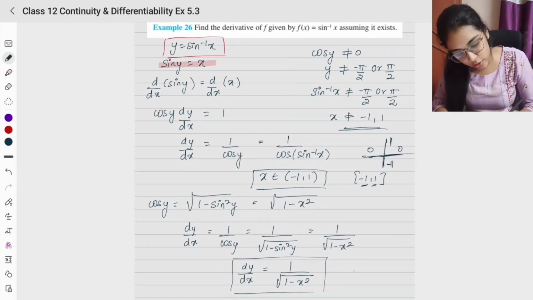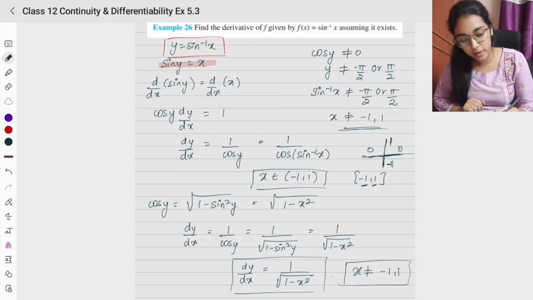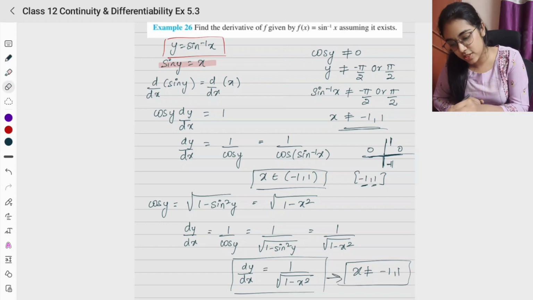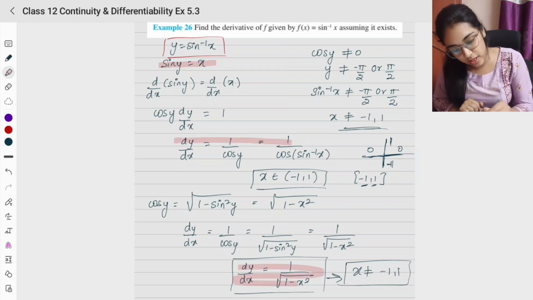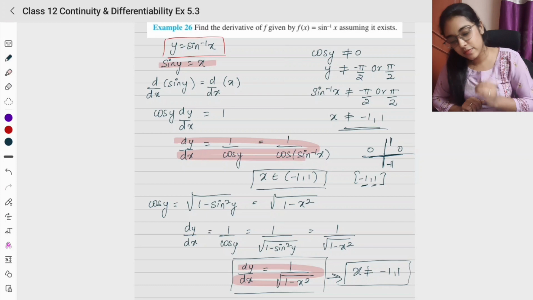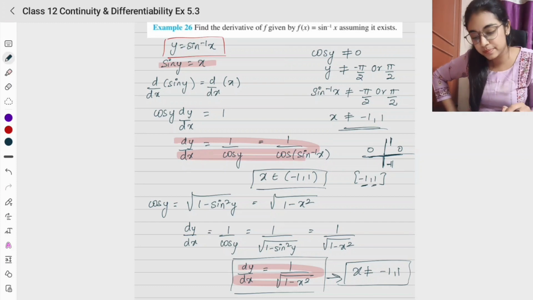Here also the value of x should not be equal to minus 1 and 1. You see that? This is your answer and this can also be your answer. There are two different answers which are almost the same. Just the way of representing it is different. Correct?